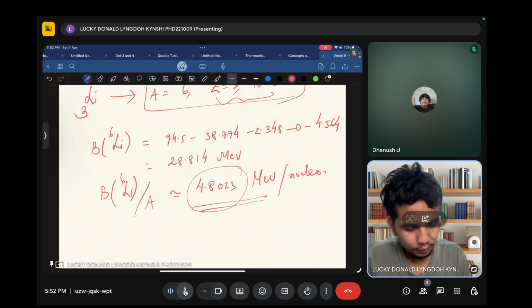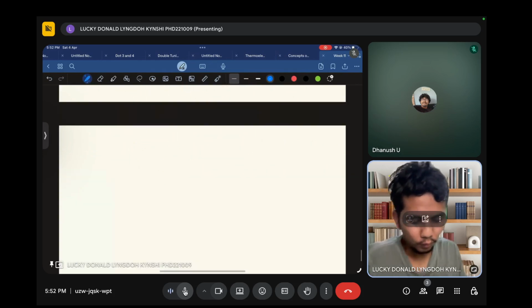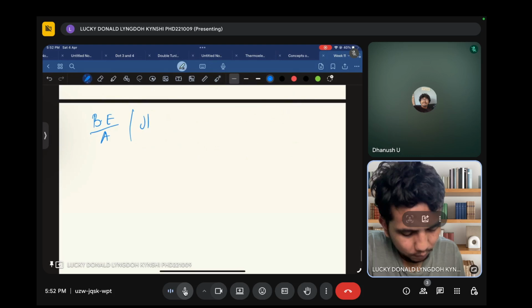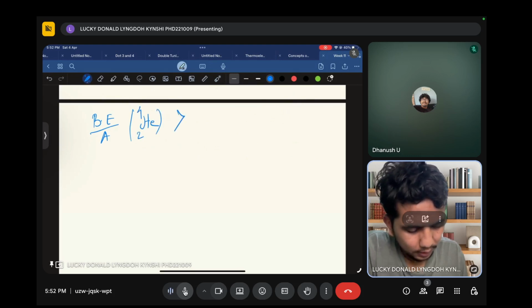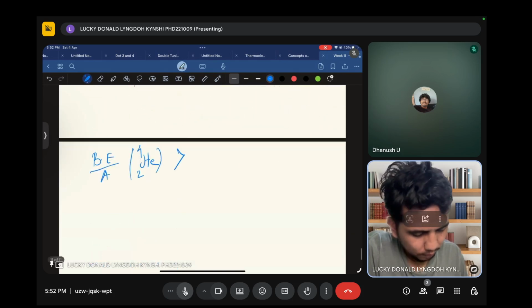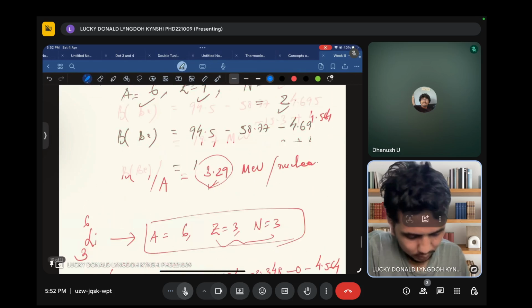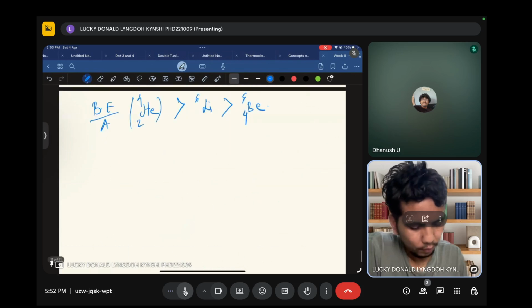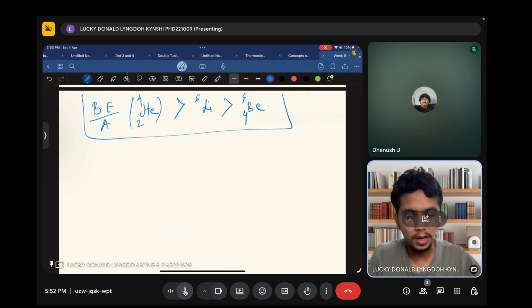So we can conclude that the binding energy per nucleon of helium 4,2 will be greater than lithium 6, and also greater than beryllium 6,4. So of these three nuclei, the most stable is helium 4,2 because it has the highest binding energy per nucleon.